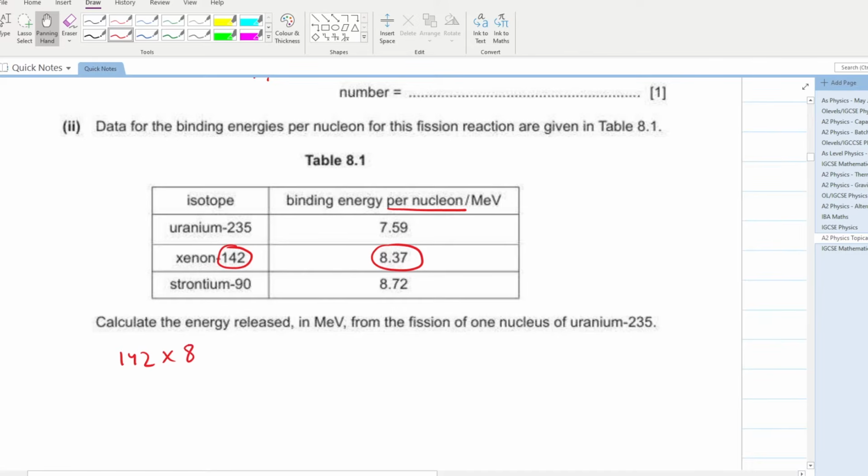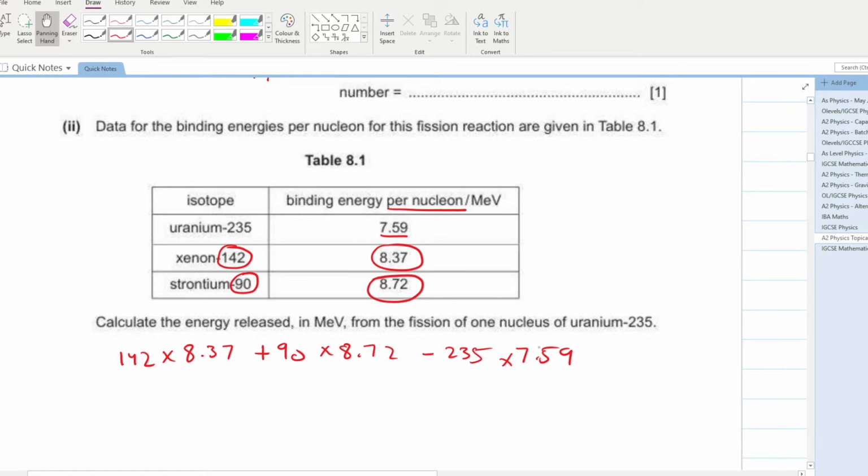So 142 into 8.37, plus what else do we have in the product? Strontium, that has a nucleon number of 90, multiplied by the energy per nucleon, that is 8.72, minus what was your reactant? Uranium-235, into the energy per nucleon, 7.59.